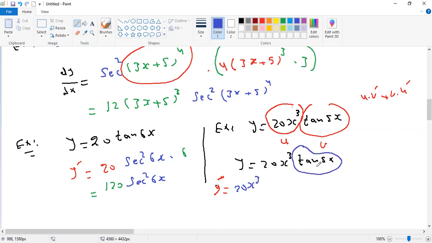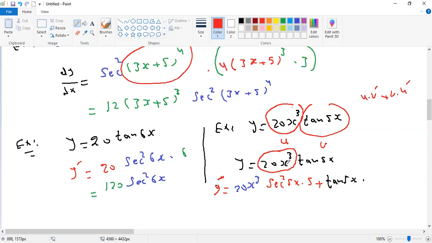The second is tan 5x. The derivative of tan is secant squared 5x times the derivative of 5x, which is 5, plus the second one, tan 5x, times the derivative of the first one. The first one is 20x cubed.